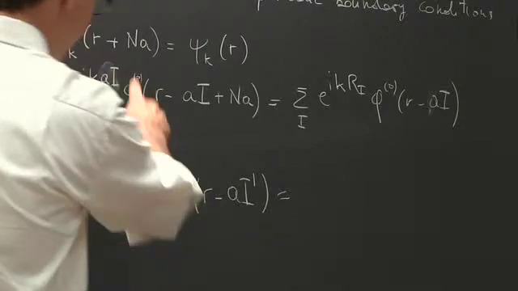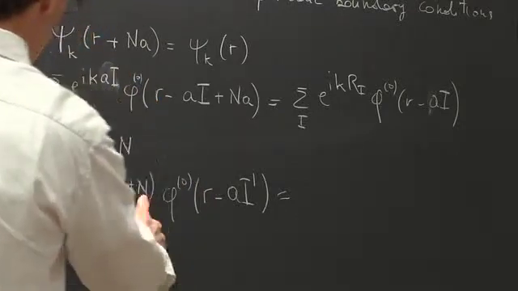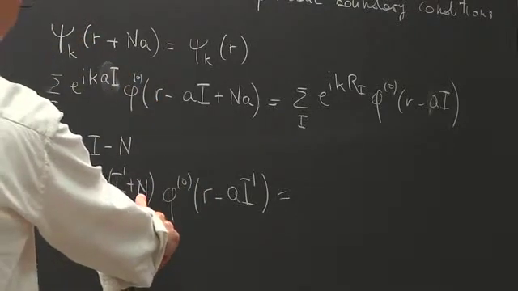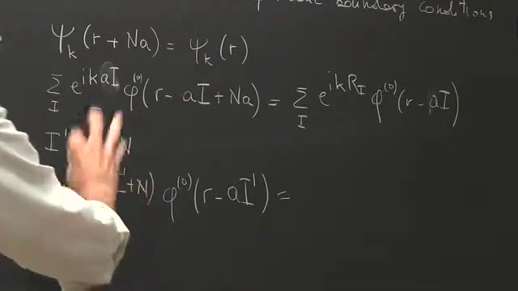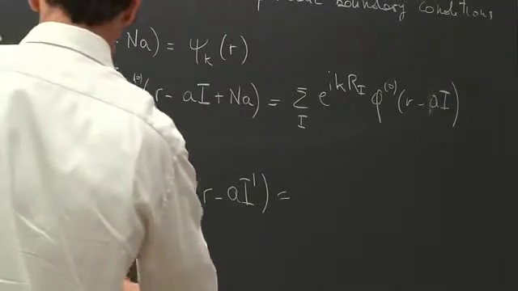I'm continuing to expand the left-hand side of the equation. I'm actually now taking out this N, because this e to the i k a N is a constant, so I can take it out of the sum.